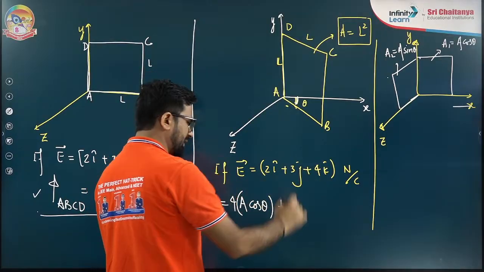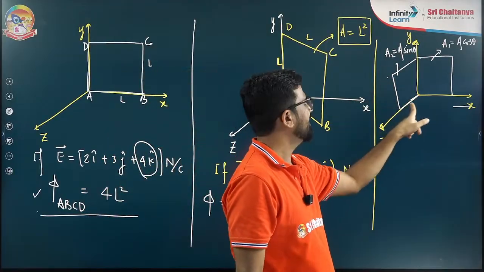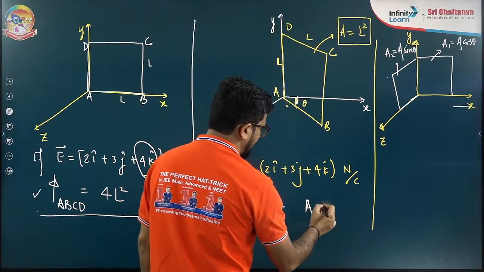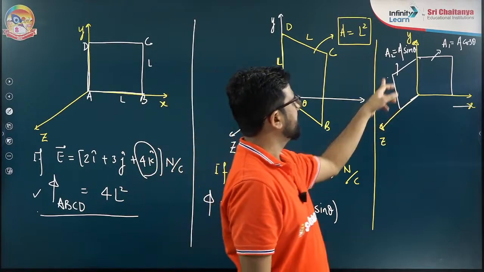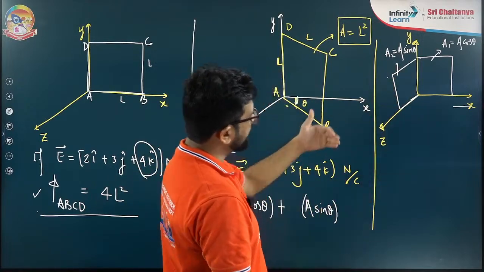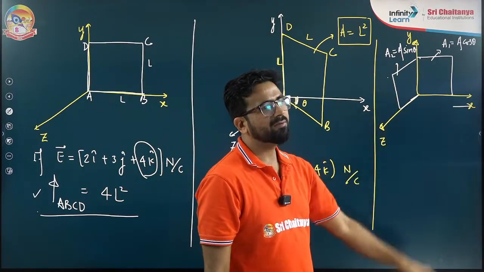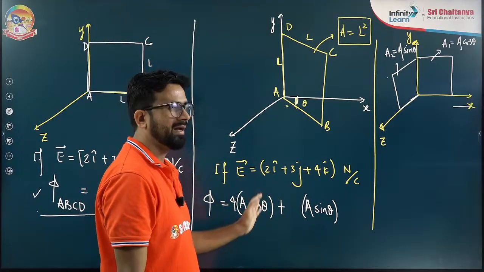Second area is A2, that is A sin theta. Perpendicular to this is the field. Because this is the YZ plane, the perpendicular field would be what, beta? X. Perpendicular field would be X, meaning 2.